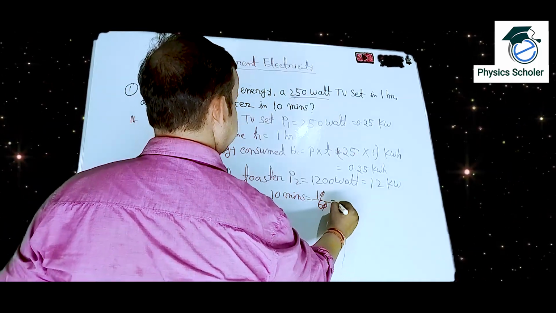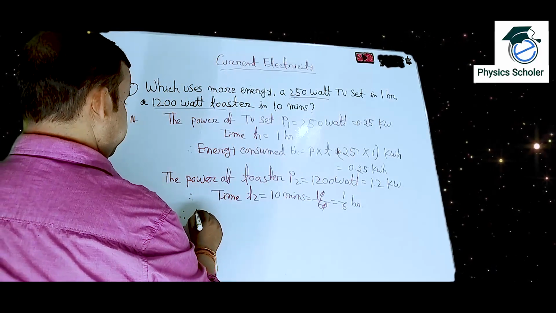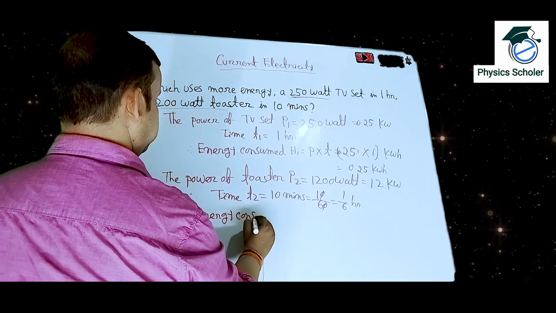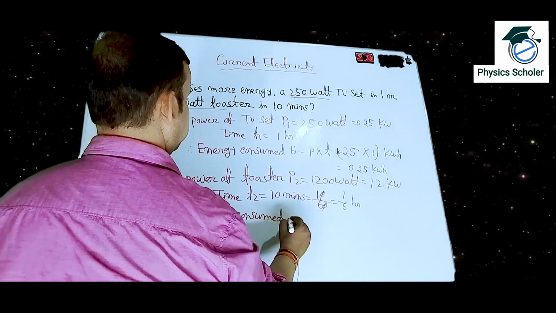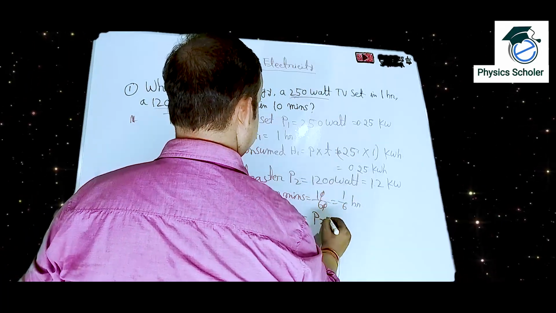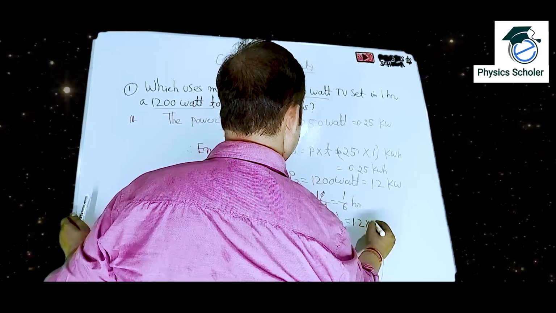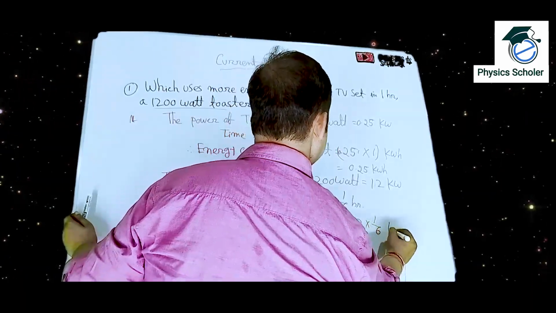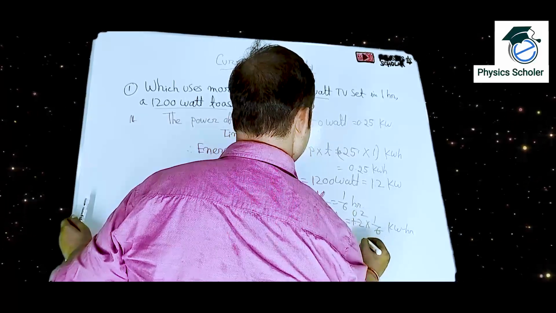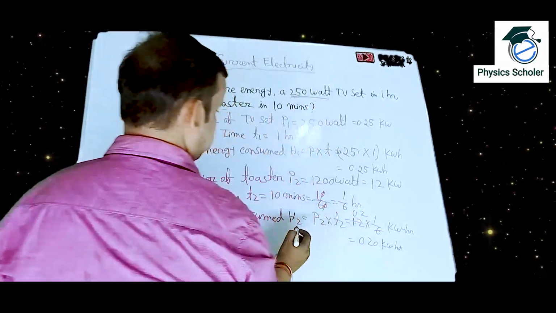So 10 by 60 is equal to 1 by 6 hour. Therefore energy consumed H2 is equal to P2 into T2. P2 is 1.2 into 1/6 kilowatt hour. So it will be 0.20 kilowatt hour.